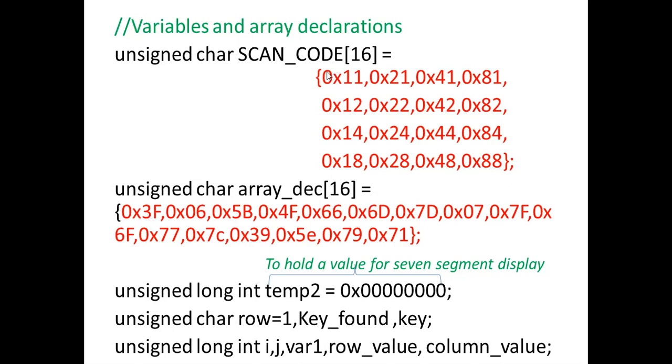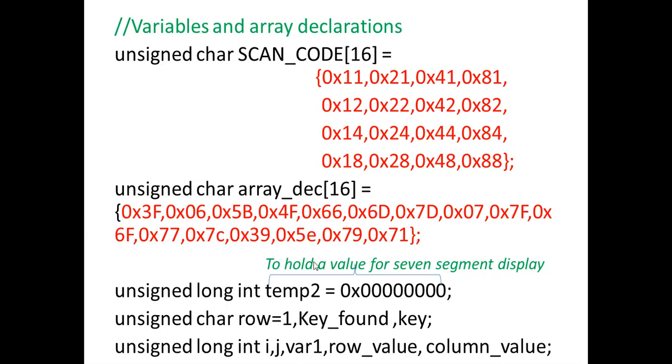For example, if the first key is pressed, your microcontroller is going to display 0 on the 7 segment display, and if the second key is pressed, it is going to display 1. Likewise, the different numbers that are supposed to be displayed on the 7 segment display for the corresponding keys are listed in this array. So this is about the declaration of the two arrays.